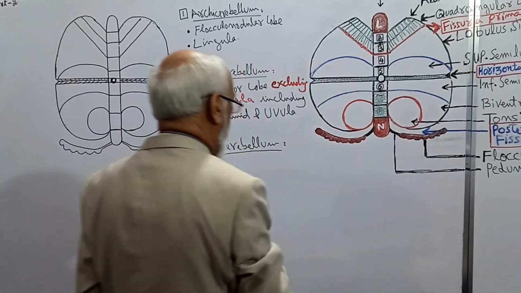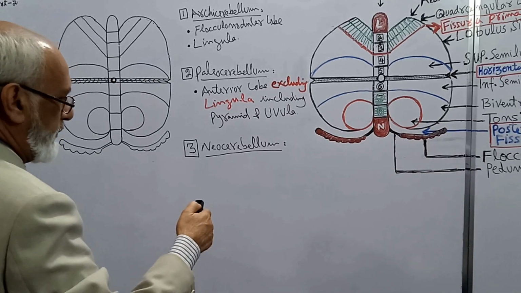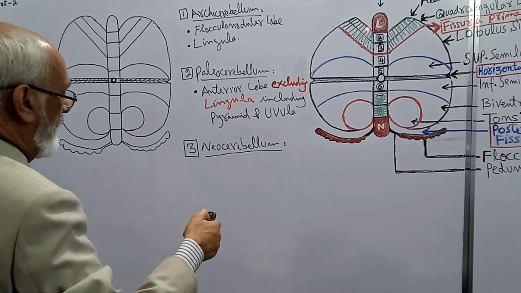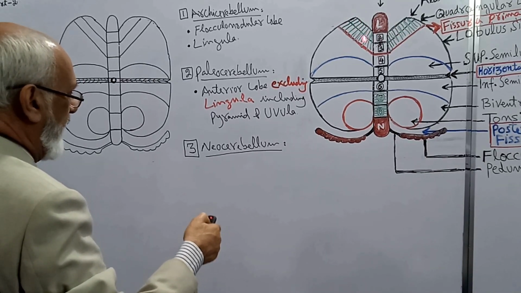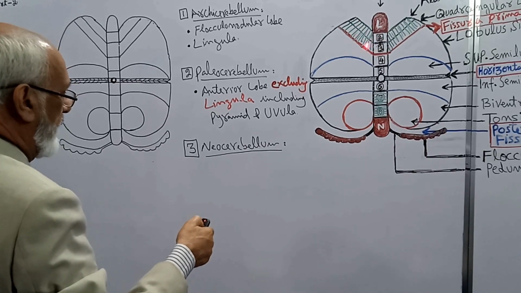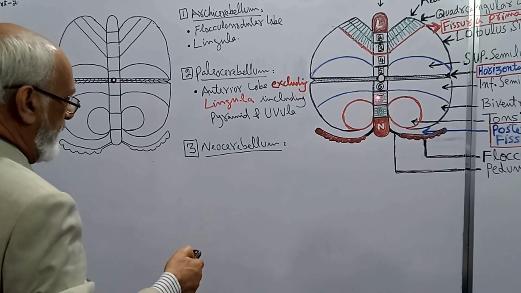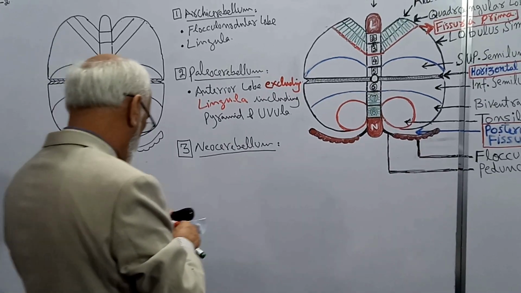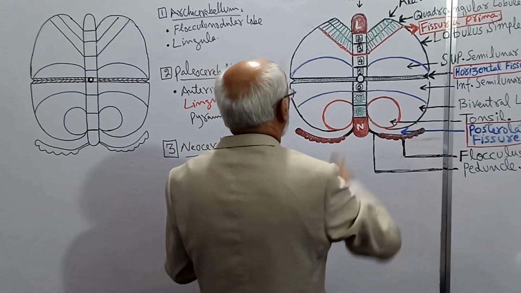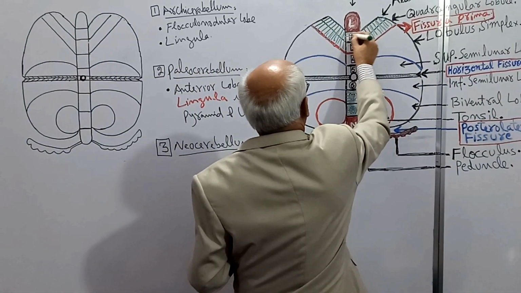So all these parts which are marked by the green marker are parts of the paleocerebellum.